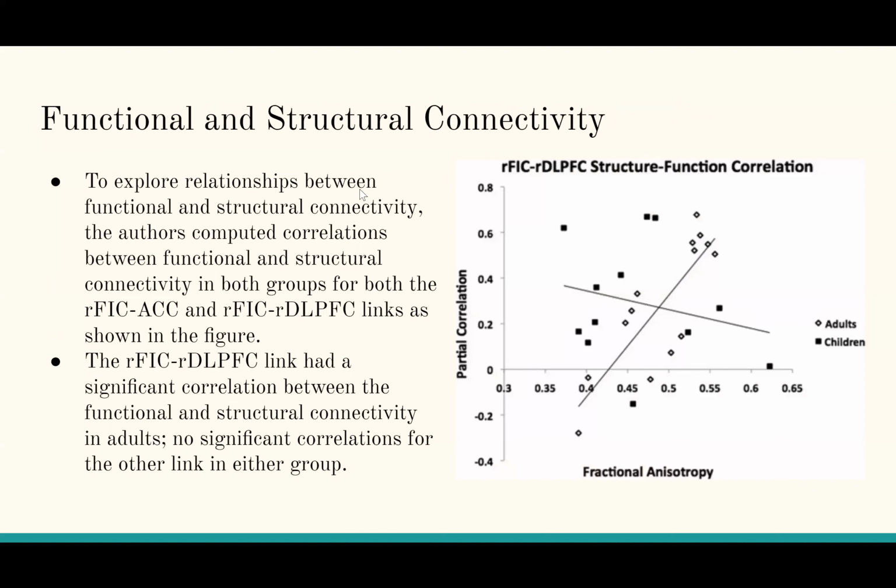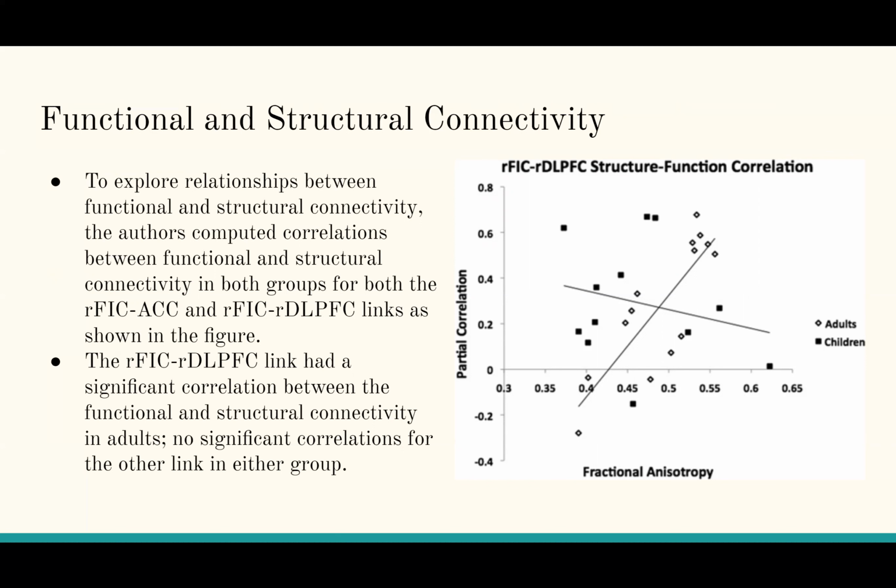To explore relationships between functional and structural connectivity a little more, the authors computed correlations between functional and structural connectivity in both groups for the RFIC-ACC link and the RFIC-RDLPFC links, as shown in the figure to the right.